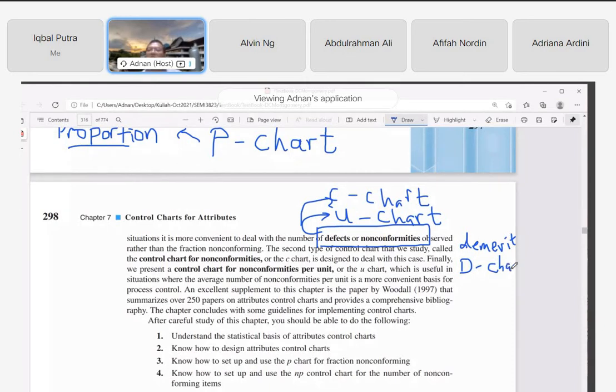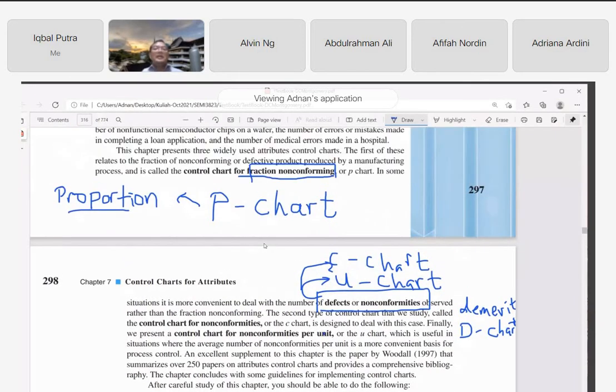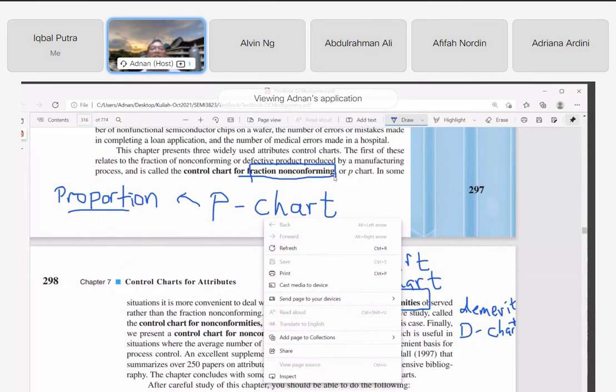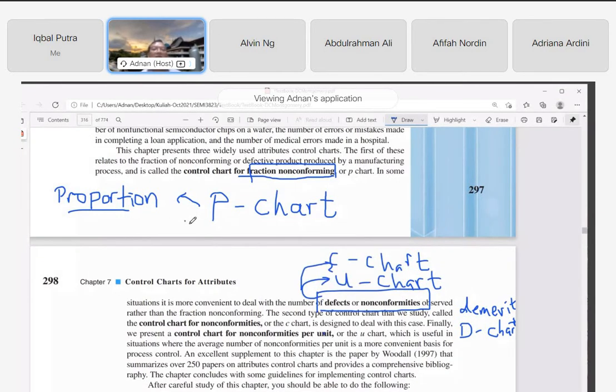These are the three charts that we're going to look at under this category of defects. Under the category of non-conforming, here you have the P chart. Another chart we call the NP chart.